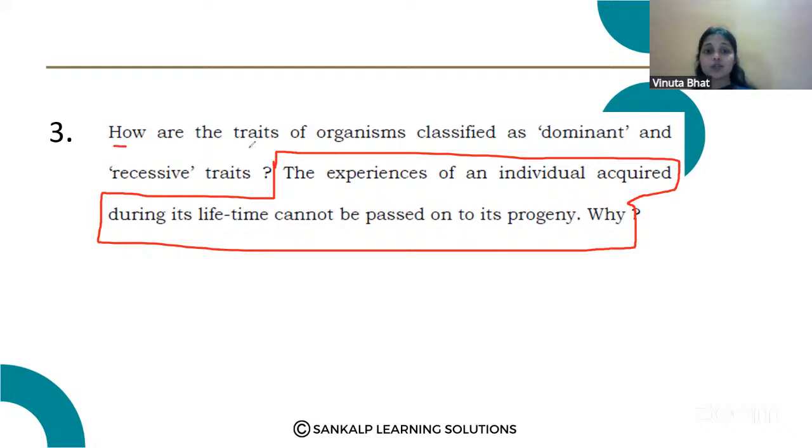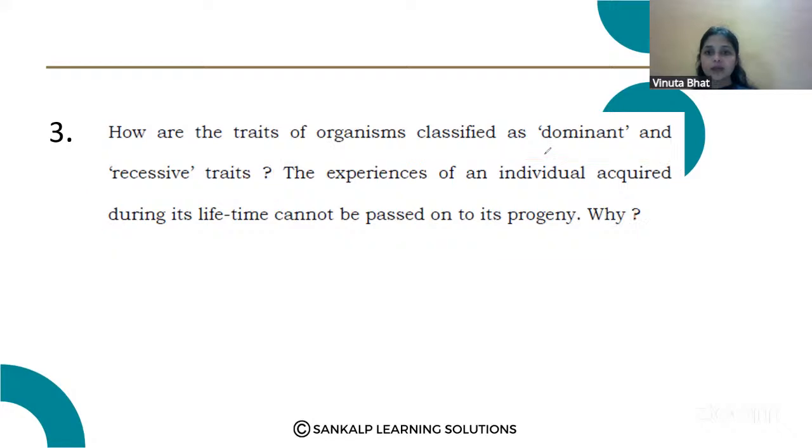How are the traits of organisms classified as dominant and recessive traits? The dominant trait means the trait which is expressed in an experiment or in a generation. The character which is expressed is called dominant, and the one which is not expressed, which is suppressed, is called a recessive trait.